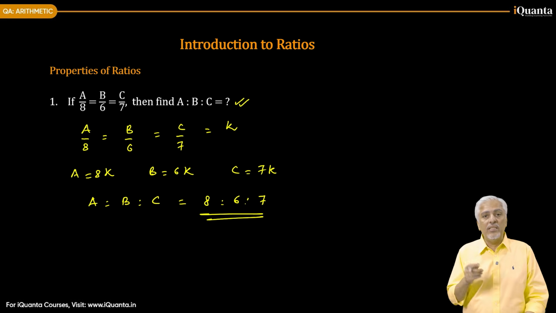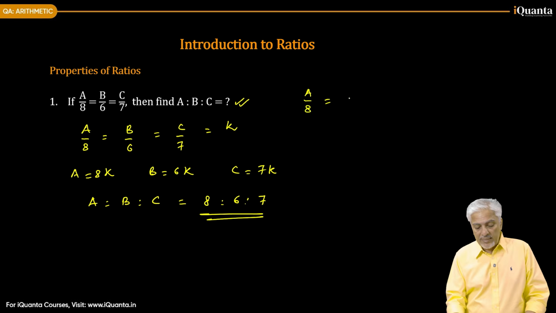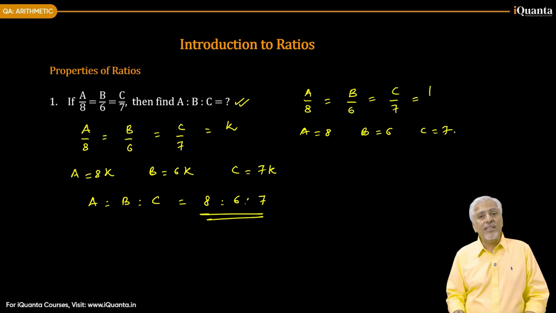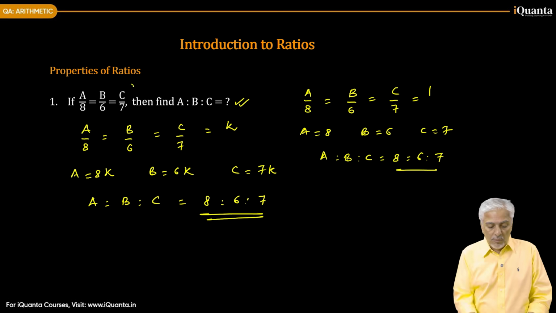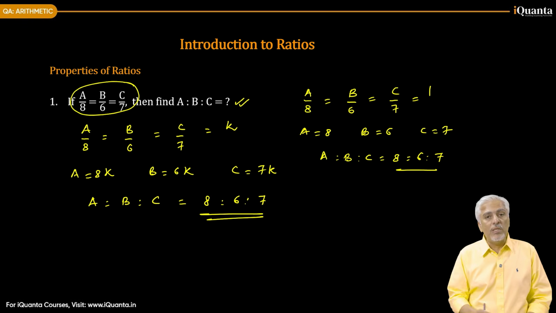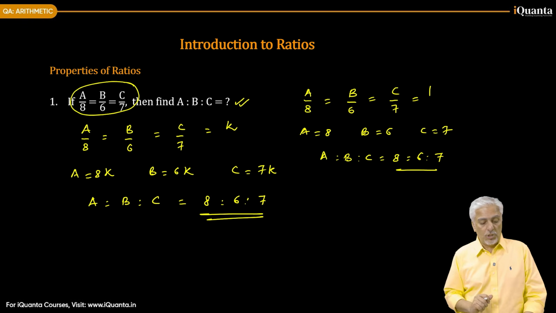Finally, here, on the right-hand side, instead of k, if I had just taken 1, so if I had taken a upon 8 is equal to b upon 6 is equal to c upon 7, directly equal to 1, I would have directly got a as 8, b as 6, and c as 7, and I would have got the ratio a : b : c as 8 is to 6 is to 7, right? So that is how to convert something given in the form of an equal to sign into a ratio.